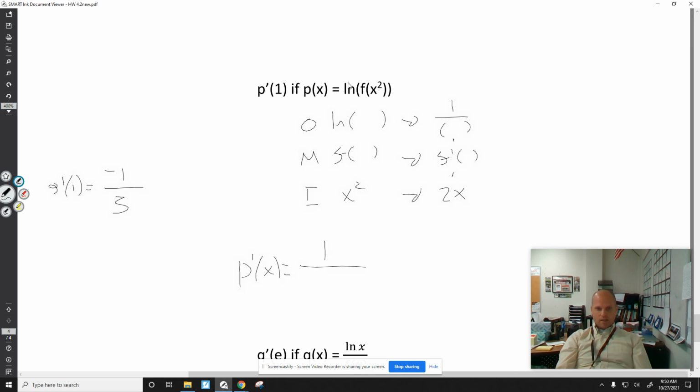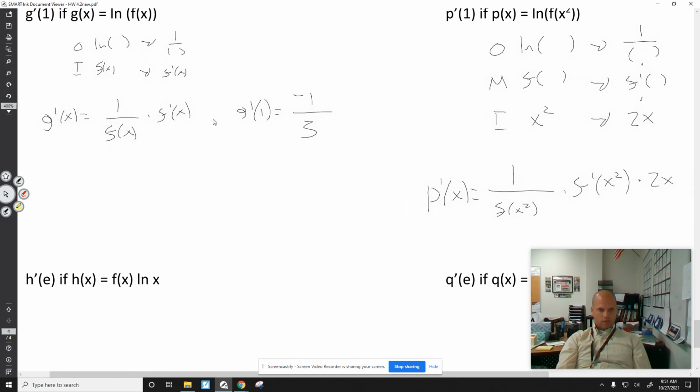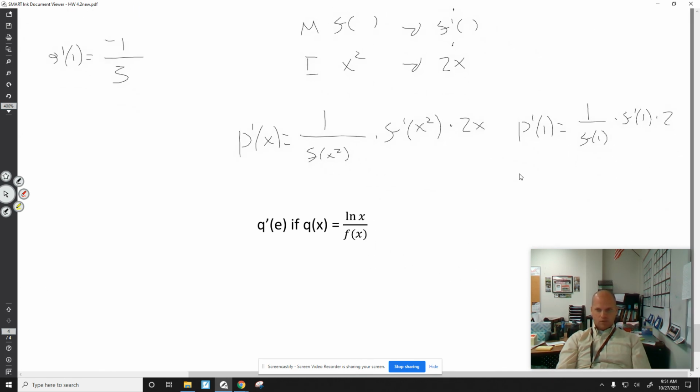Whatever started in log's parentheses, f of x squared, stays. Whatever started in f's parentheses stays. And then you got this 2x at the end. Fortunately, I get to plug in 1, which gives us 1 over f of 1 times f prime of 1 times 2. So it's really the same as negative 1/3 times 2, which is negative 2/3.